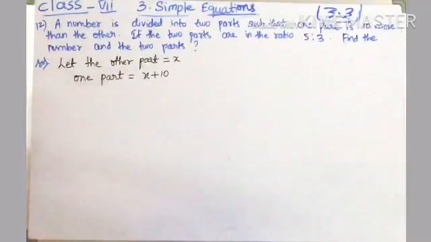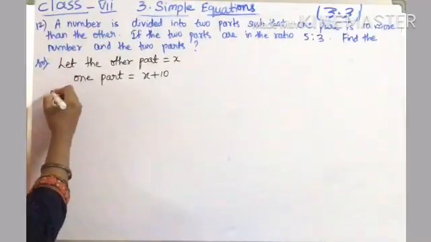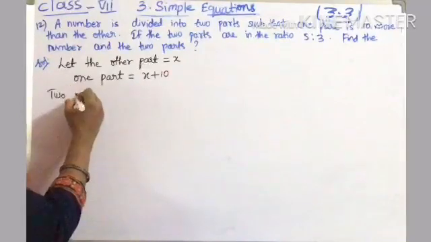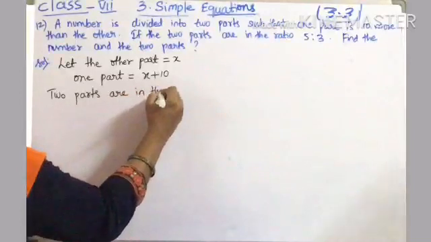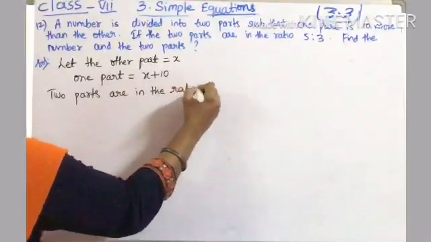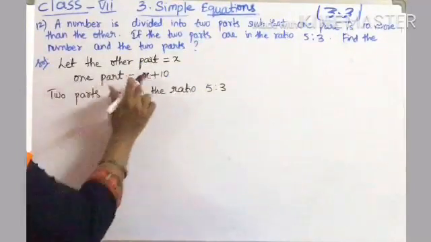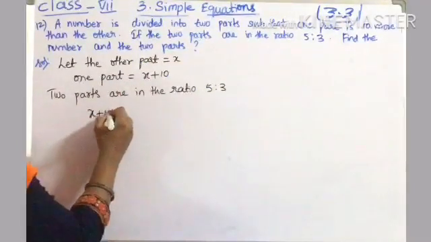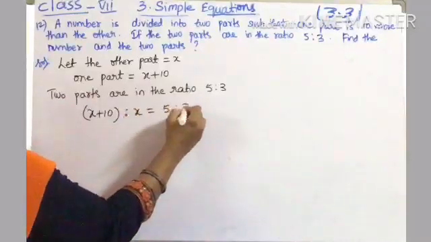And if the two parts are in the ratio 5:3, what are the two parts? First we take the first part, that is x plus 10 is to x equal to 5:3.